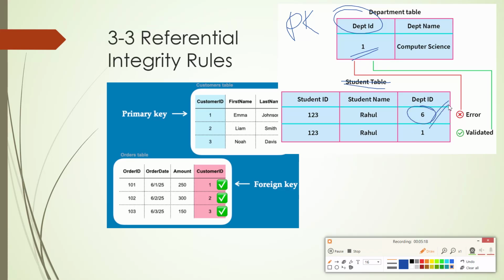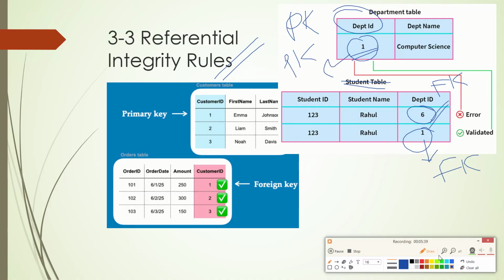This is the foreign key. So the value of the foreign key, 6, does not match any value here, and this is an error or violation of the referential integrity rule. But if we look into this one, this is a foreign key value and it matches this primary key value, so it is validated.